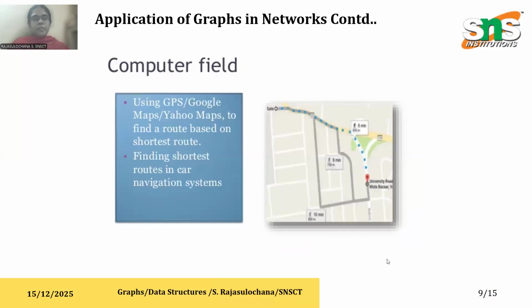It is also used in GPS, Google Maps, Yahoo Maps to find the shortest route to travel from one place to another. The car navigation system also makes use of graph data structure in identifying the shortest route.